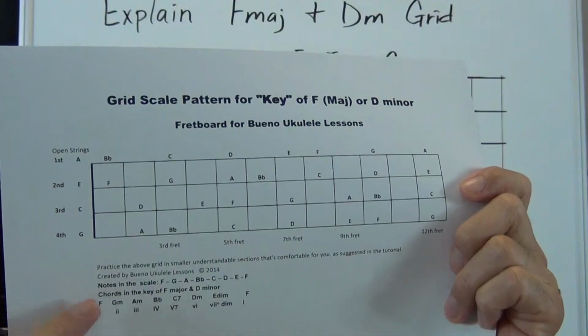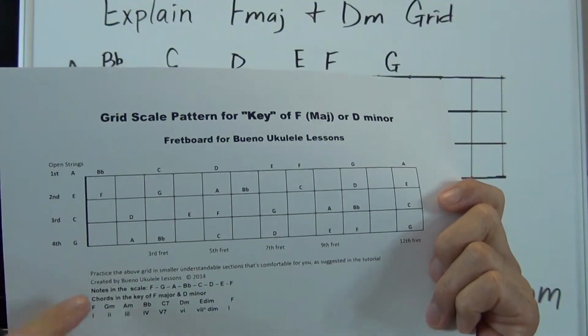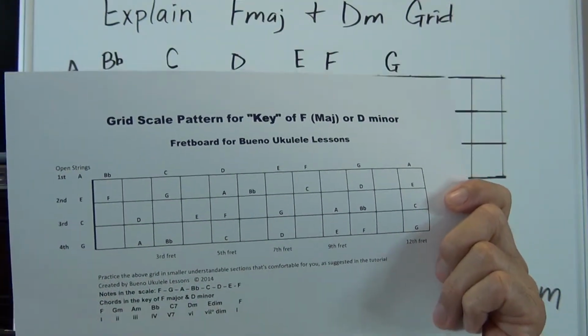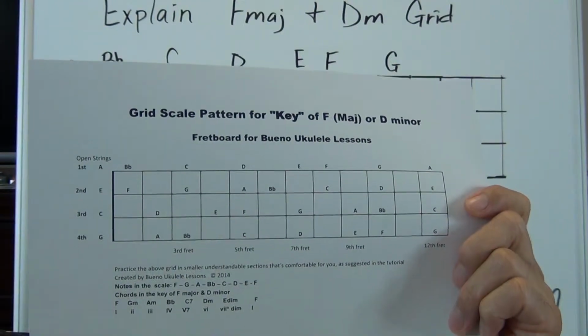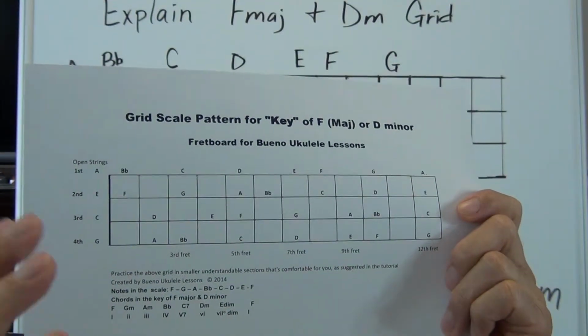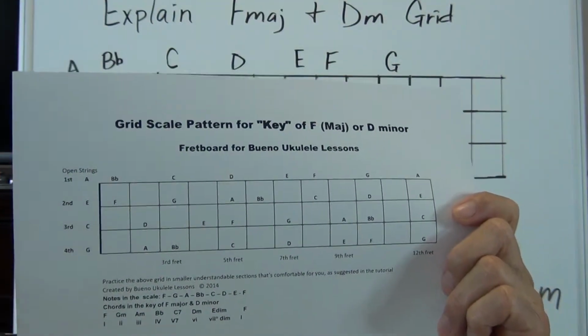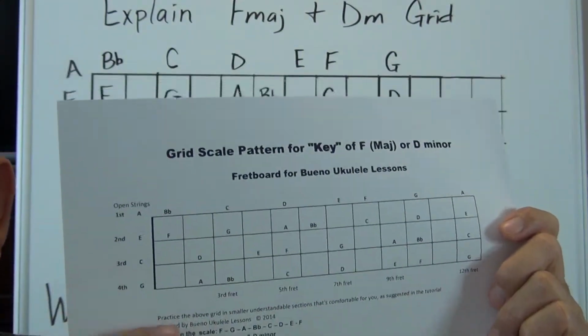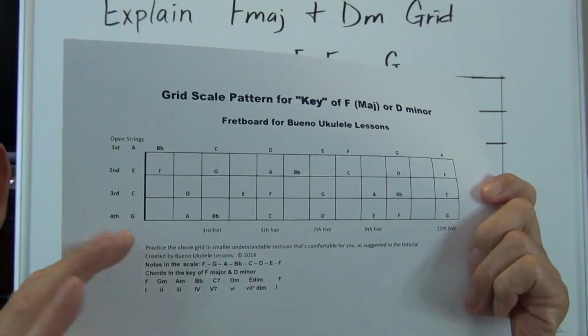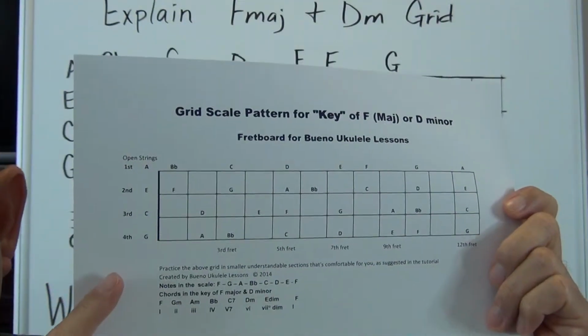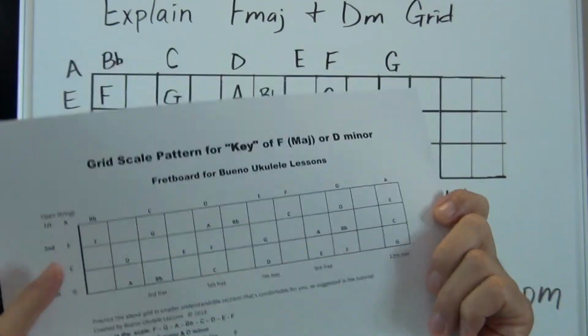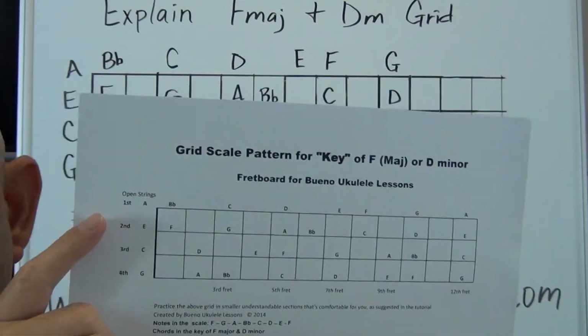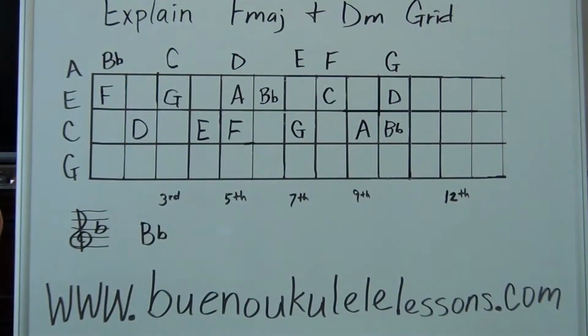Very important that you have completed the tutorials and lessons covering this section, because now we start to put it all together, with the scales working in conjunction with the family of chords, so that you know how to use them. And in the next tutorial we're going to show you on the ukulele how to play them. Okay, so very important to take a lot more notes on this as we explain how it works.